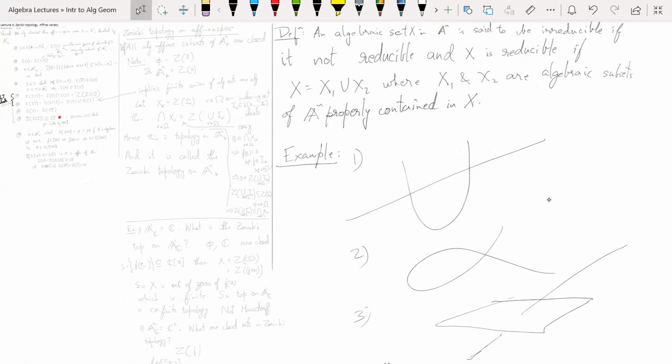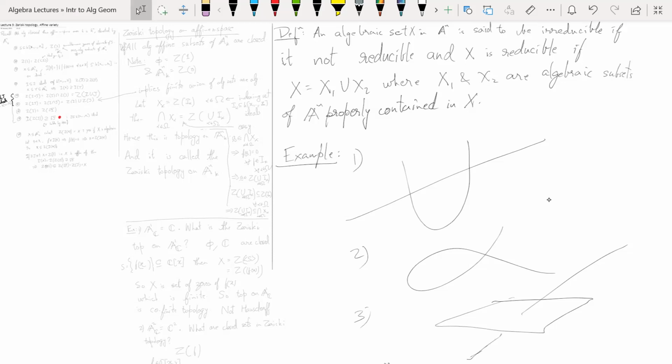And what does reducible mean? If you can't write X as X1 union X2, where X1 and X2 are proper subsets of X and they are also algebraic in A^n, then you say that X is an irreducible algebraic set.